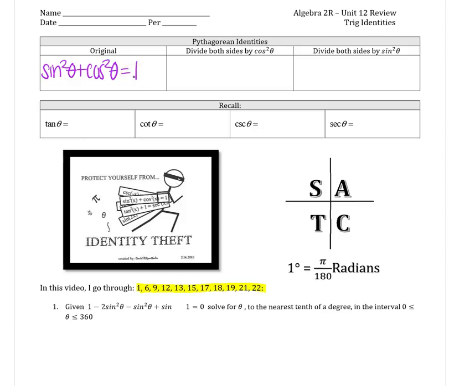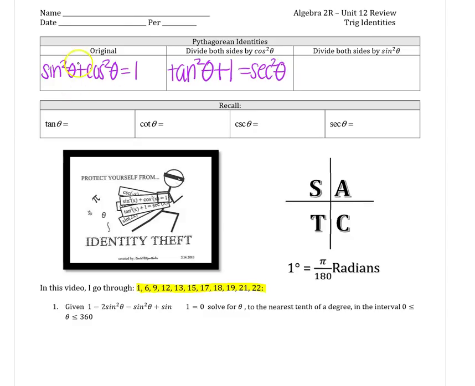The other two are derived from the original equation. So if I take this and I divide by cosine squared of theta, sine squared divided by cosine squared is tangent squared. Anything divided by itself is just going to be 1. And 1 divided by cosine squared is secant squared.